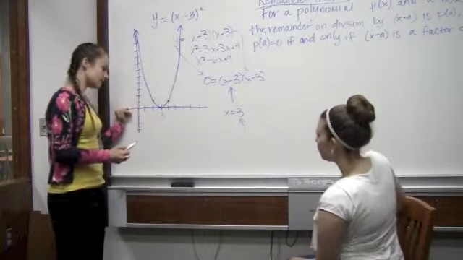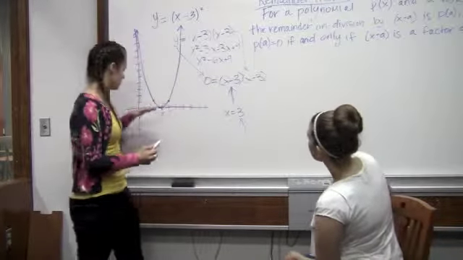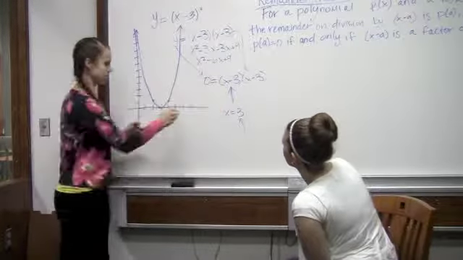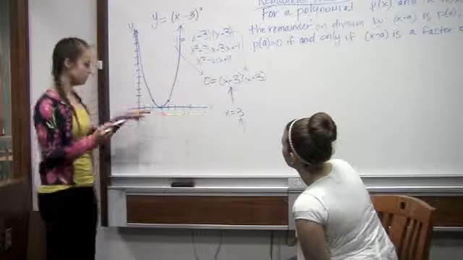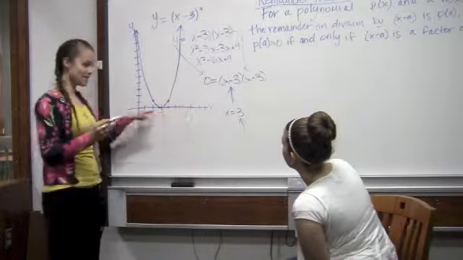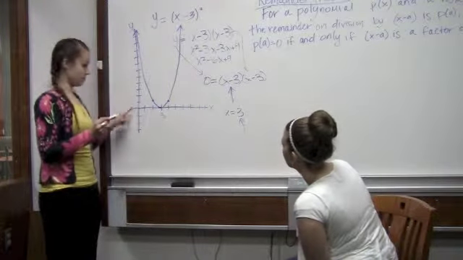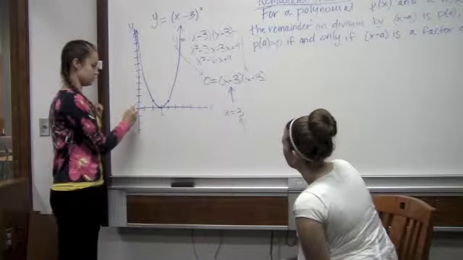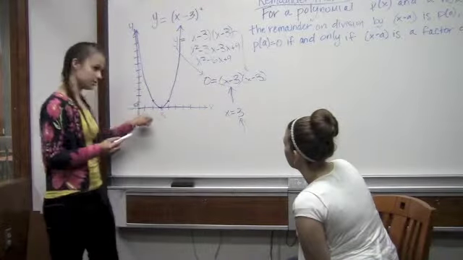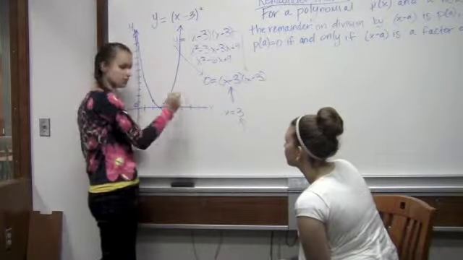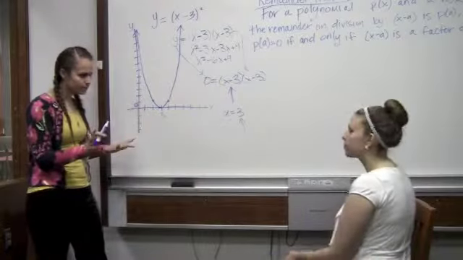When y is 0, because we set it equal to 0, when we're on the x-axis at all, y equals 0. So when we hit anywhere here, y is 0, and we're either crossing or we're touching. Do you remember that from the other day?